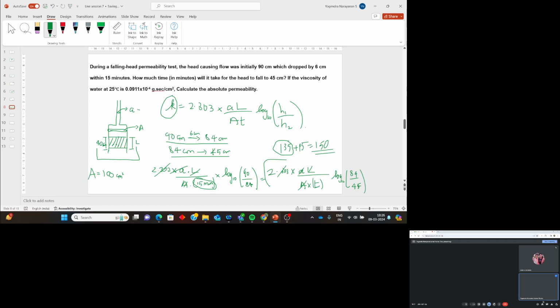And this small a you consider as 10 centimeter square. Now you calculate the permeability.